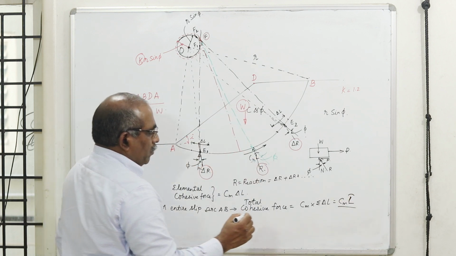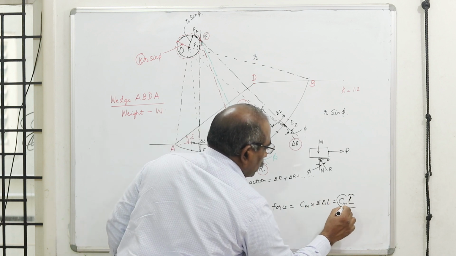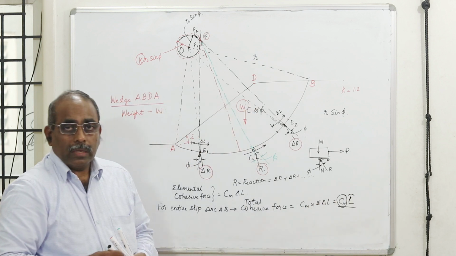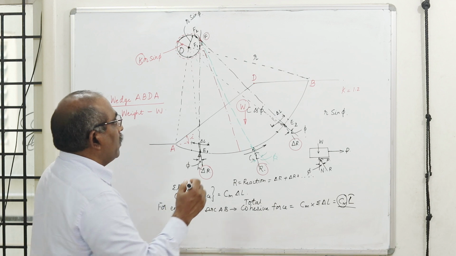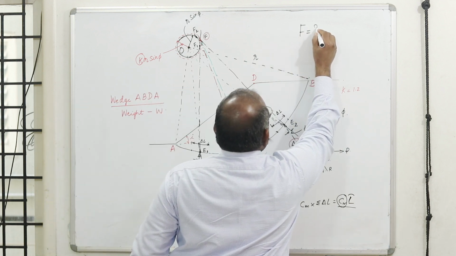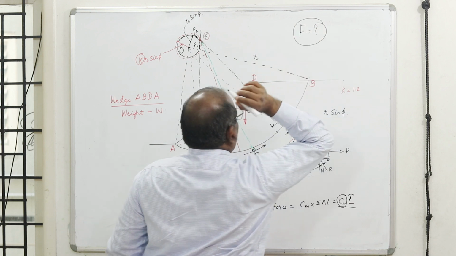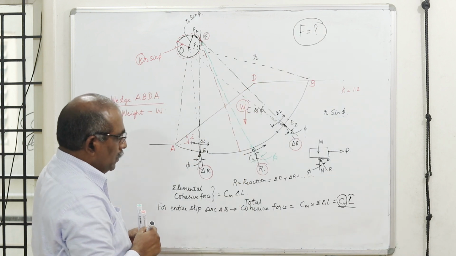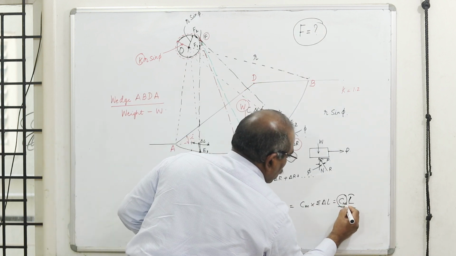Now we need to find out what this mobilized cohesion is. All our exercise in this chapter is to find out the factor of safety. Please note in your mind that I need to find out this factor of safety. How to find it is my question.